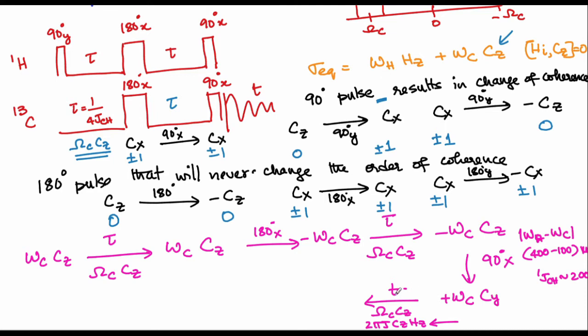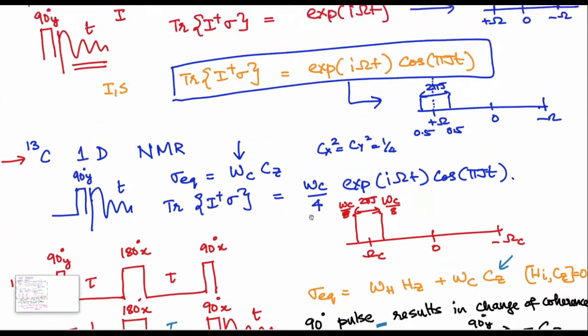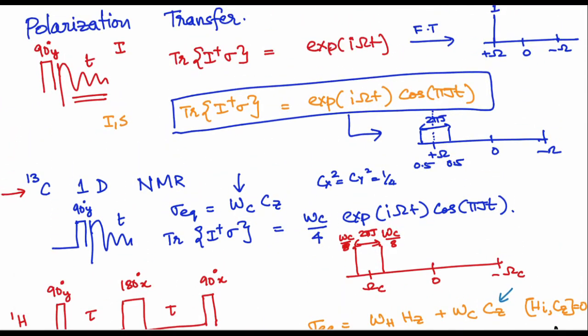When you allow the evolution to happen in the presence of chemical shift and J coupling Hamiltonian, we just saw a moment back, the solution is going to be omega c times cos pi Jt. One thing that you have to remember is it is weighted as omega c over 4. The same result that we had gotten earlier, all we have done is to invert the polarization before we started. So there is no big difference that you end up getting here.